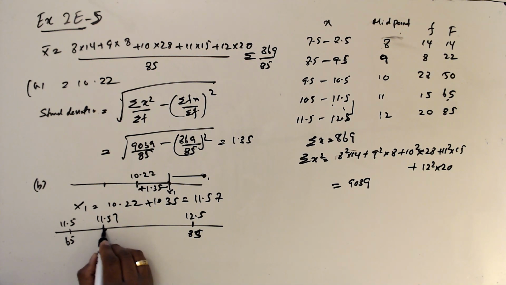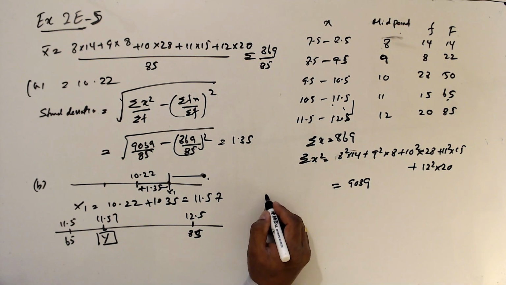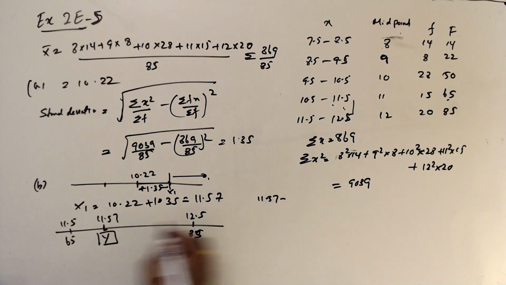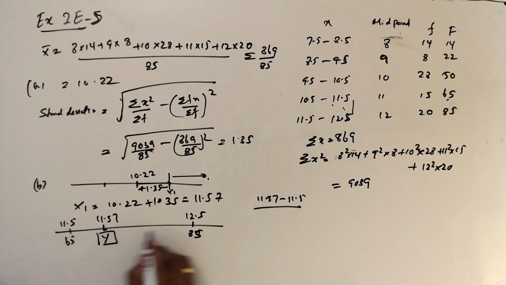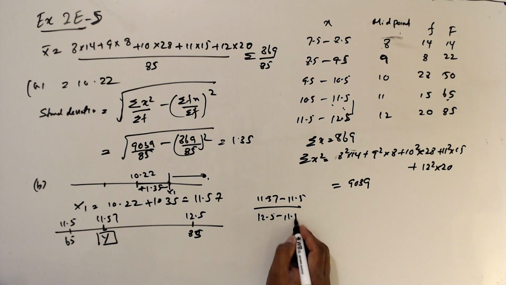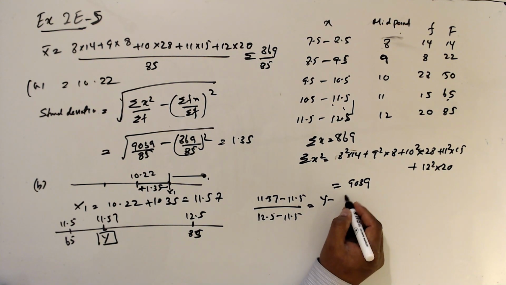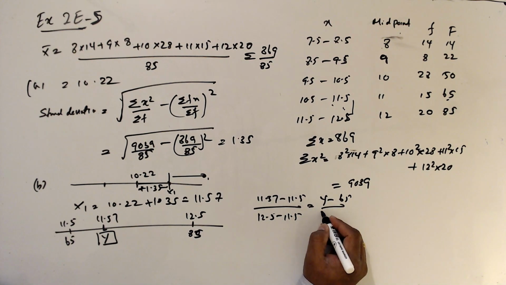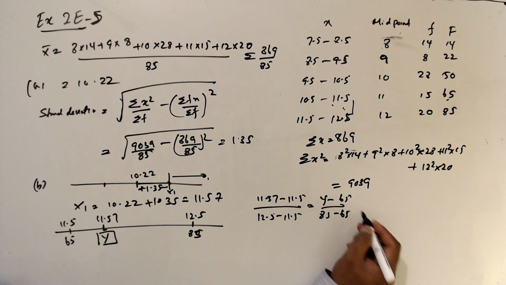I will take the amount of students we need as y. 11.57 minus 11.5 over 12.5 minus 11.5 equal y minus 65 over 85 minus 65.